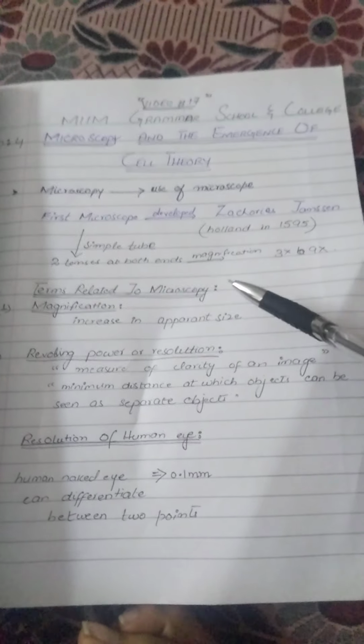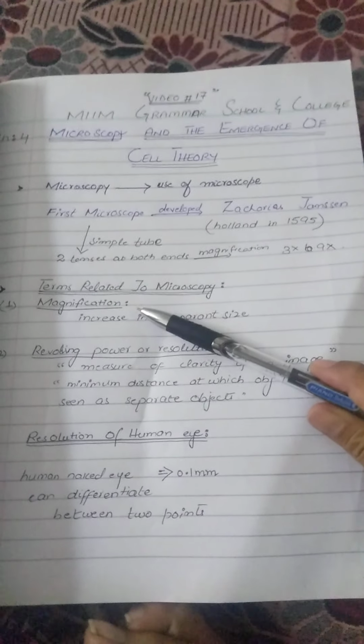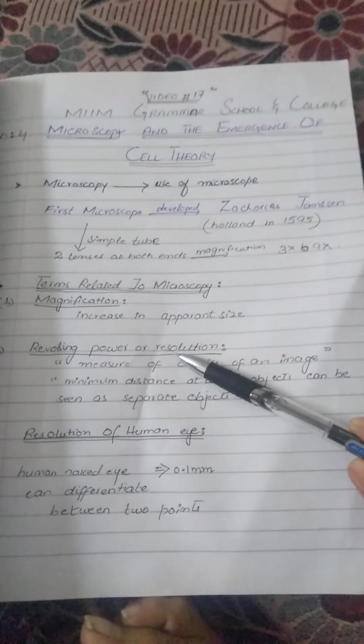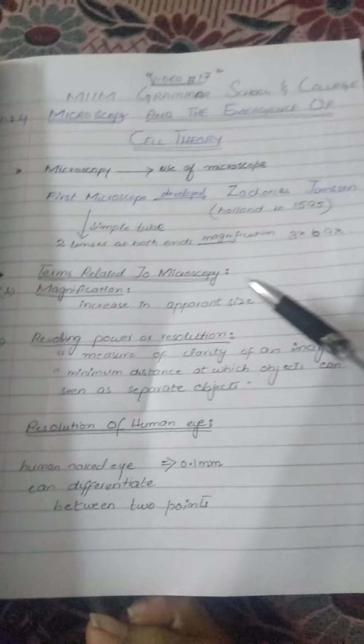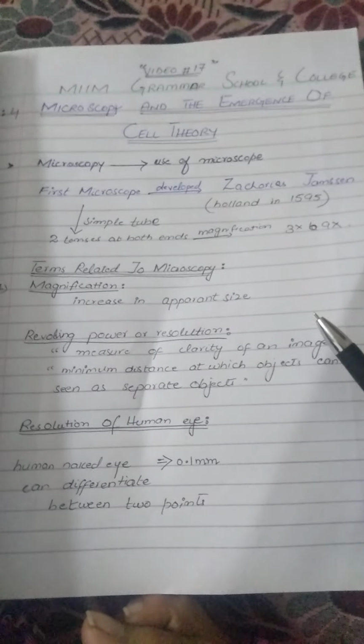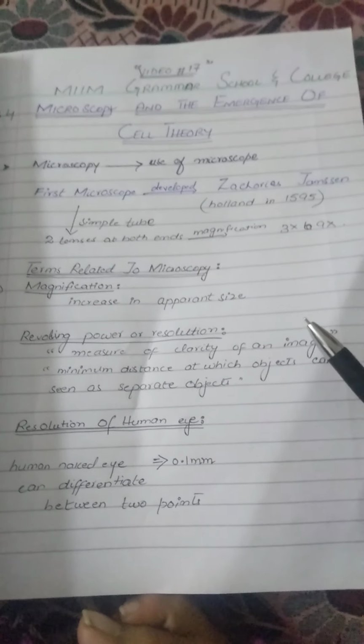Then we have two terms related to microscopy. First one is magnification and the second one is resolution, or actually resolving power. Now what is magnification? It is an increase in the apparent size of an object, and it is an important factor in microscopy.